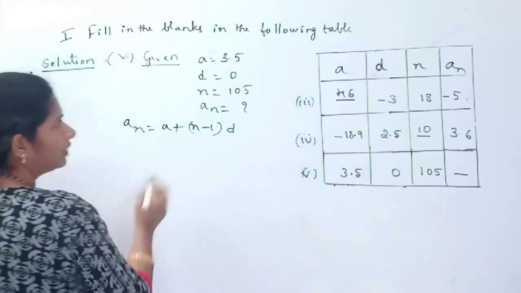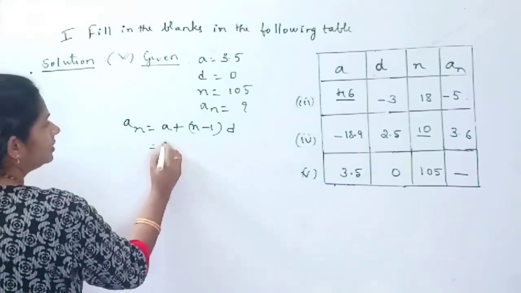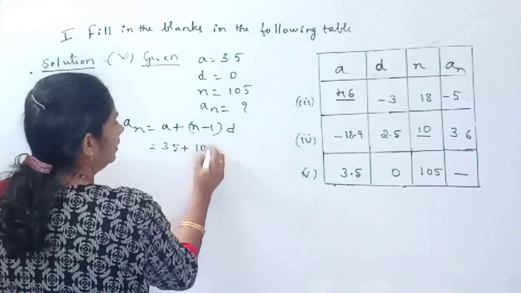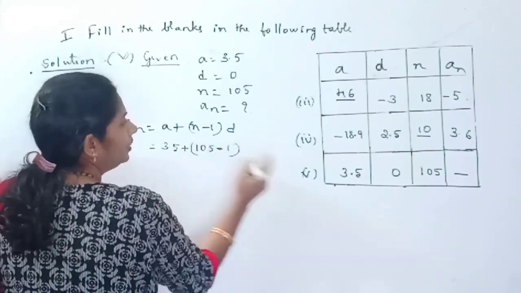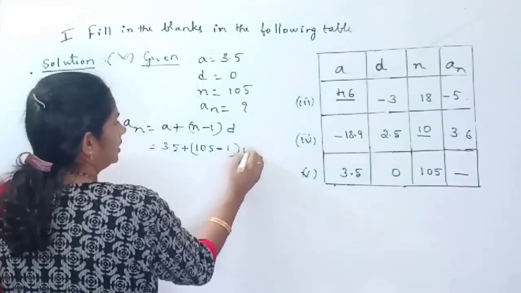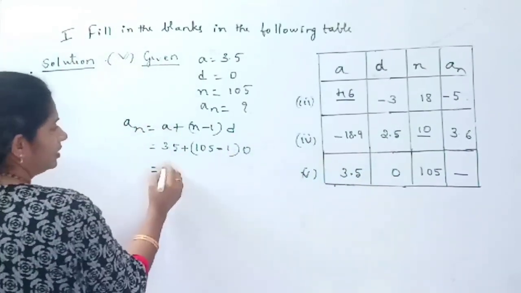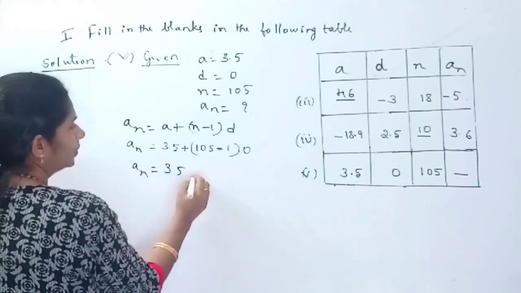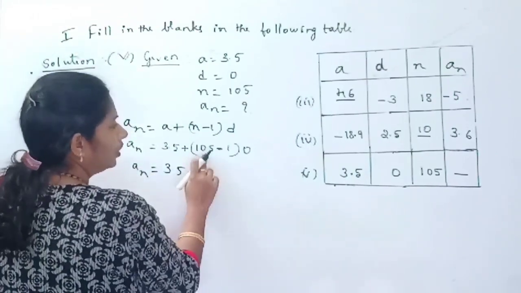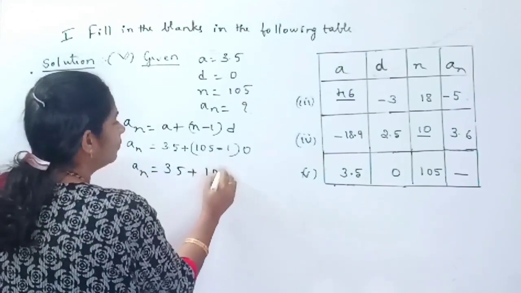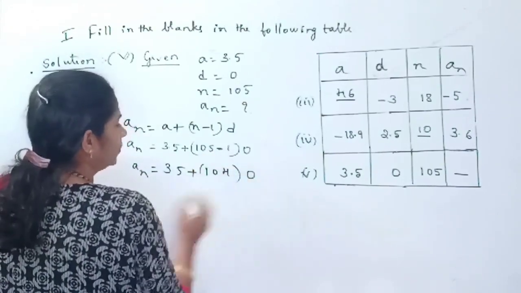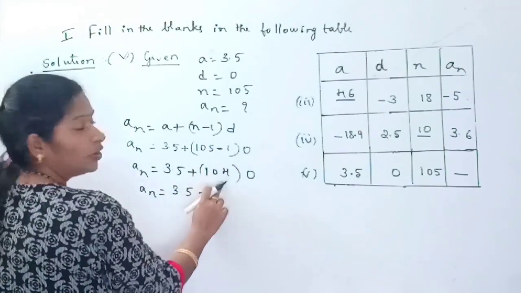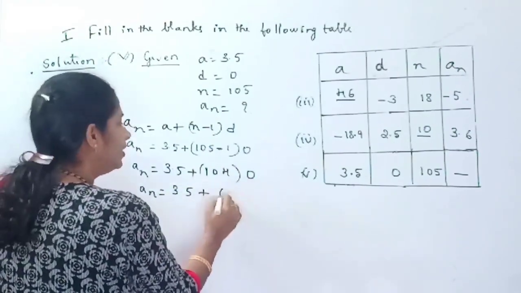AN is equal to A plus (N minus 1) into D. Let us substitute the values. A value is 3.5 plus N value 105 minus 1 into D. D value is 0. Simplify, children. So AN equals 3.5 plus 104 into 0. 104 into 0, the value is 0.